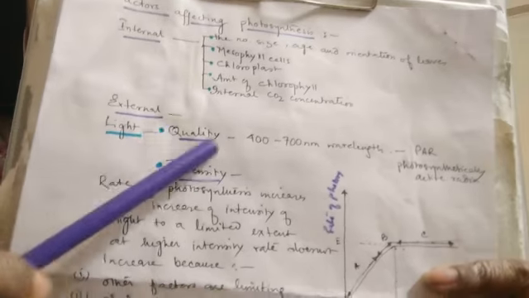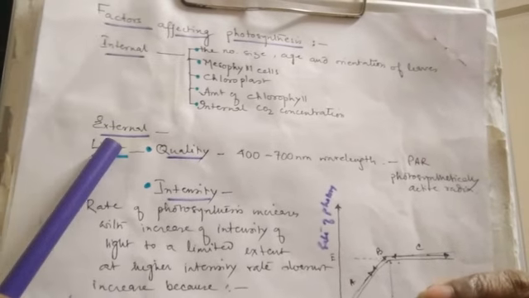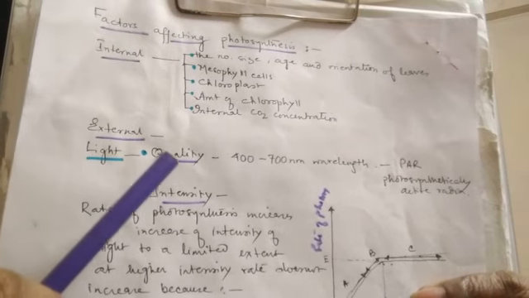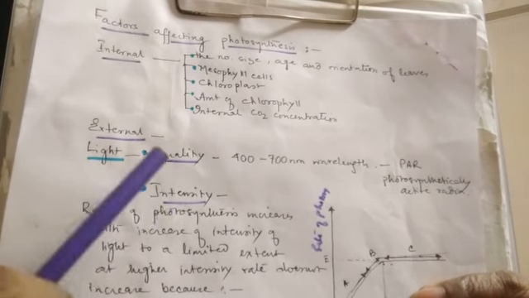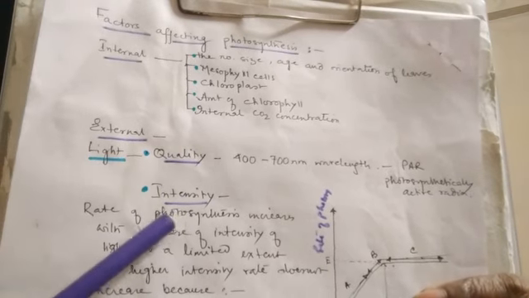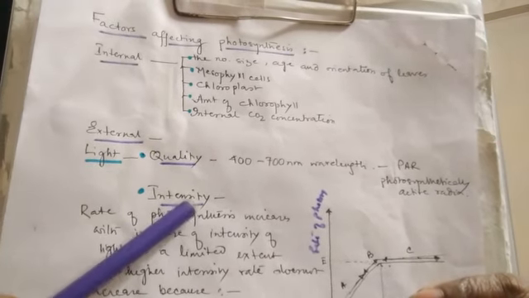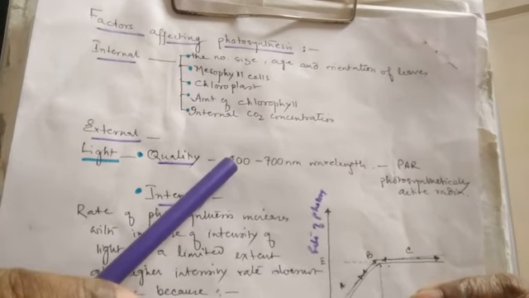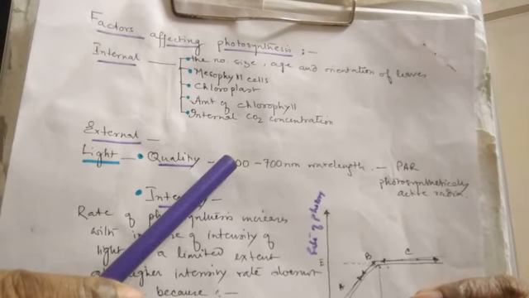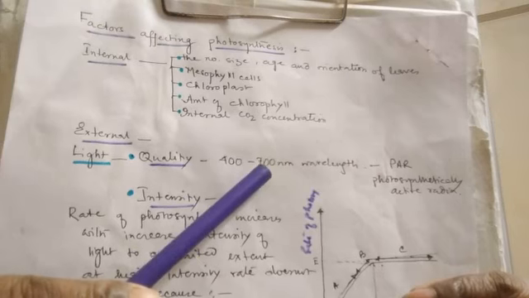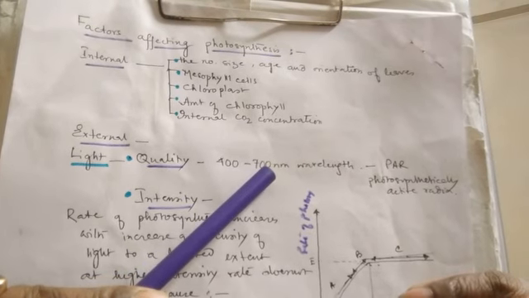Apart from these internal factors, there are various external factors, like light. If we consider light, the two important factors of light which regulate the rate of photosynthesis are the quality of the light and the intensity of the light. First of all, we will discuss the quality of the light. We know that the rate of photosynthesis is maximum at 400 to 480 nm, and also at 680 to 700 nm.